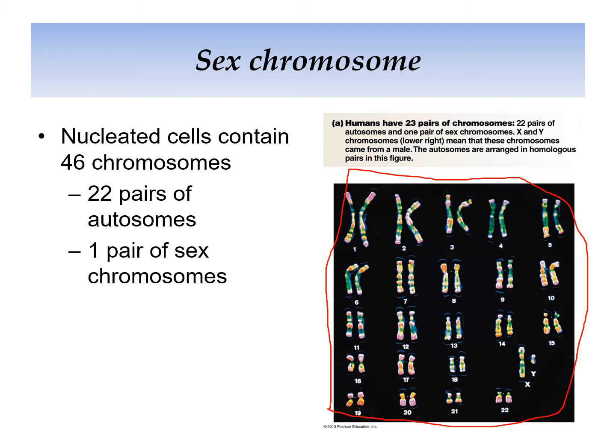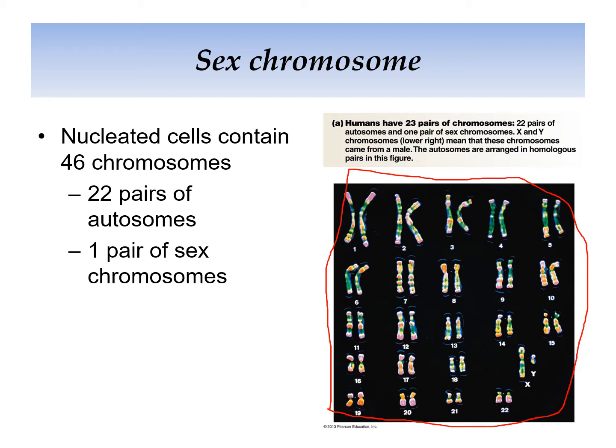And we know that each of our cells, apart from our sex cells, are basically diploid. What it means by diploid is that for each given chromosome or each given gene, we actually have two copies, one from our father and one from our mother.